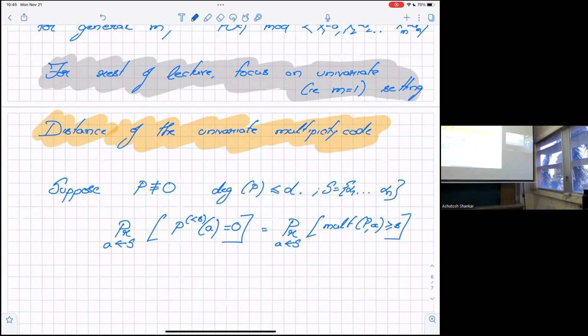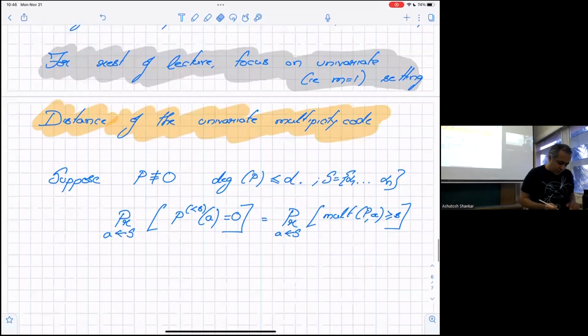How many points can there be such that when I pick a random point from 1 to n, it vanishes with multiplicity s at that point? The sum of the multiplicities at all of them is bounded by the degree. So suppose there are k such points for which this is the case, then k times s should be less than or equal to d.